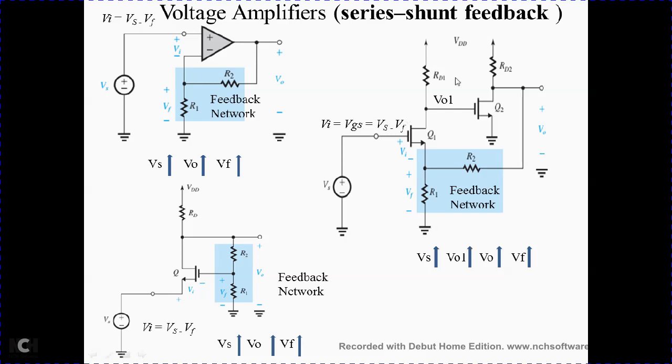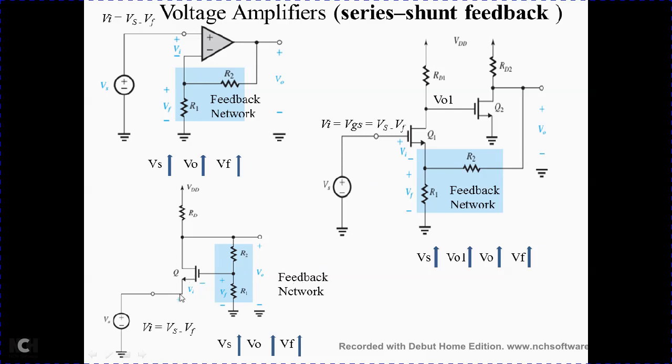So if you take another example, this one. We are not really getting into the deep analysis of these examples. Here we are trying to give an idea of how negative feedback is achieved with these examples.